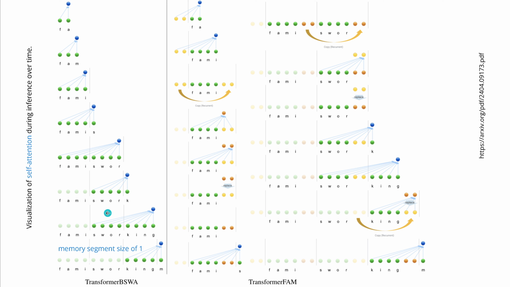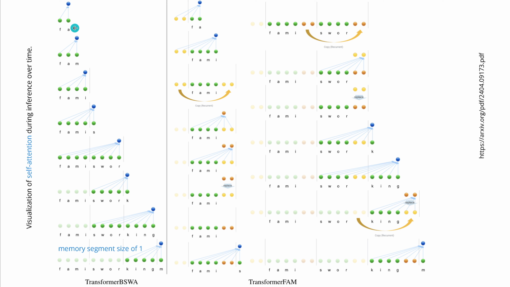How you build the memory segment size and the memory extension for your particular task is a lot of hyperparameters you have to optimize. But what is nice is the difference that you can see visually if you go to the other system with the rolling memory, if you want to call it.